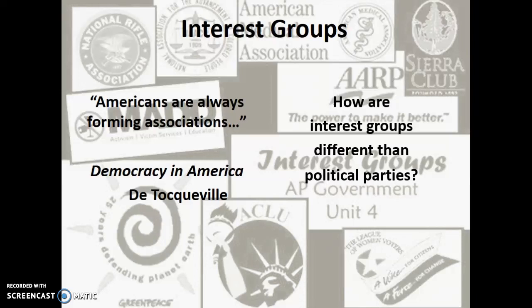They do support candidates, absolutely. They campaign for them. They donate money to them through their PACs. They openly advocate for them. Every year, if you look up here at the top of the screen, it says Sierra Club. My husband belongs to the Sierra Club. And every year around election time, we'll get a little postcard at our house, and it will give you a list of candidates, and it will say the Sierra Club asks you to support these candidates.